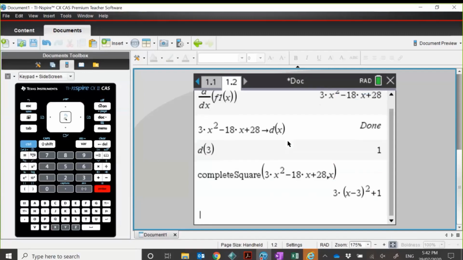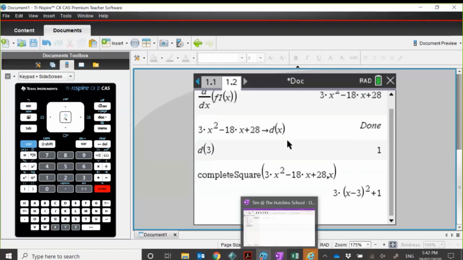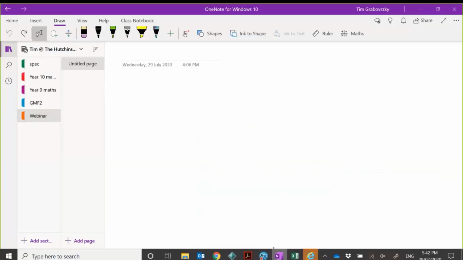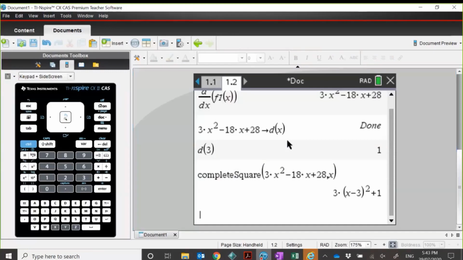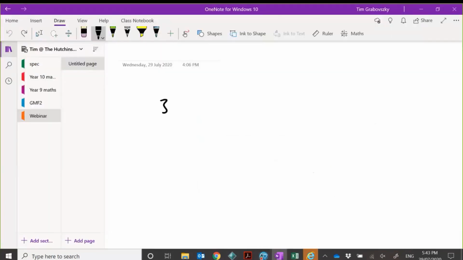Now, you are trying to solve the derivative equaling 0 because you're proving that there are no stationary points. So you're effectively trying to solve, what was my result? It was 3x minus 3 squared plus 1. You want that to be equal to 0 because the derivative must equal 0 for stationary points.